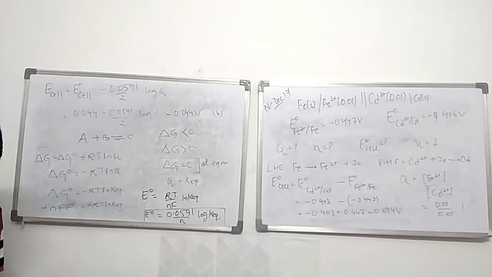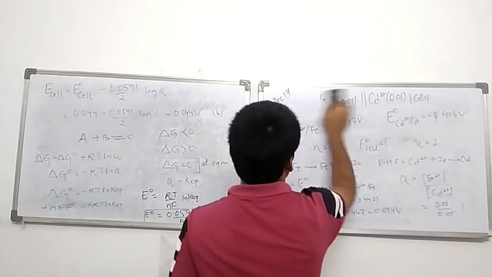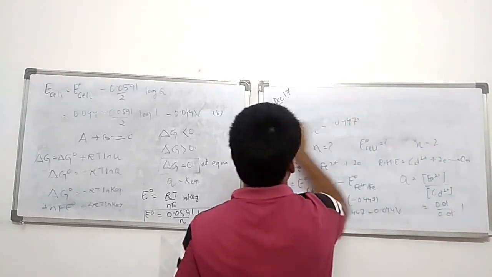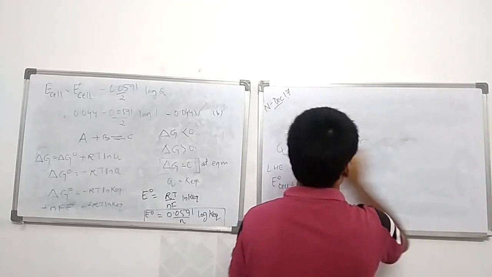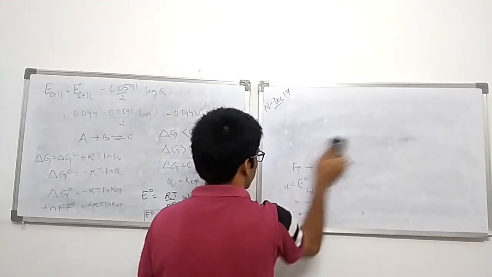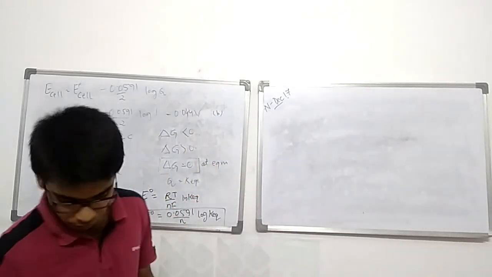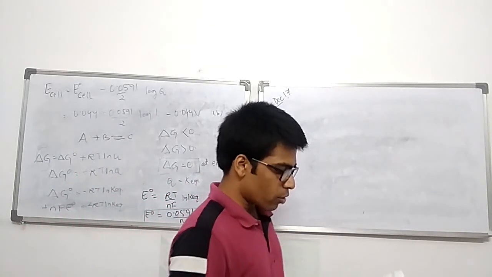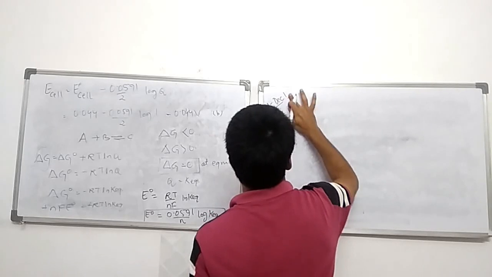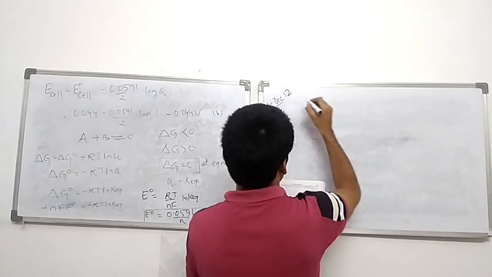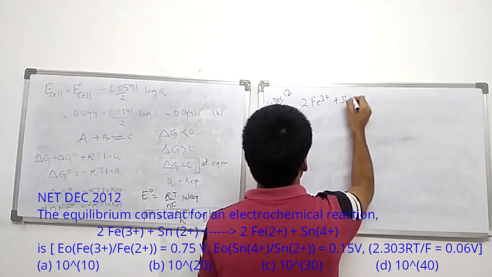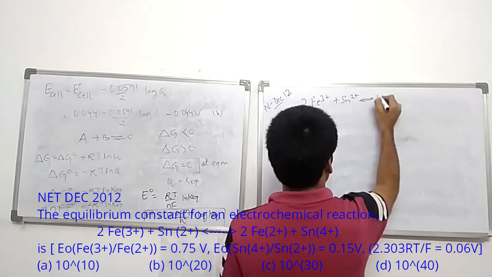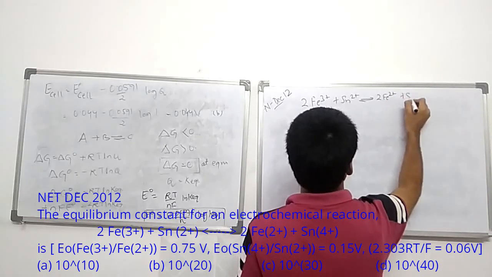We have a question from NET December 2012 which says that the equilibrium constant for an electrochemical reaction, 2Fe3+ plus Sn2+ gives 2Fe2+ plus Sn4+.